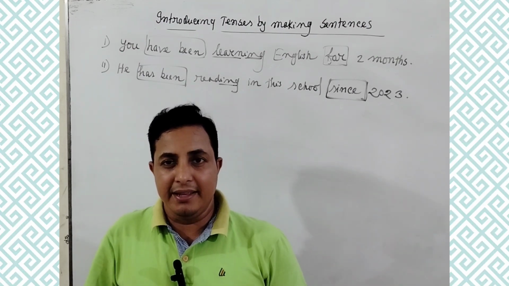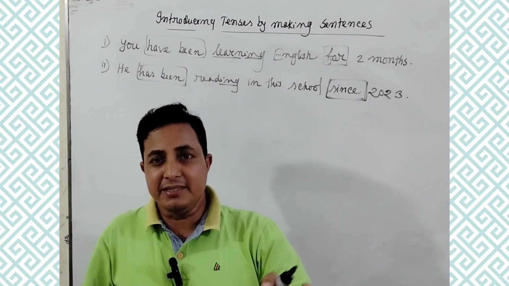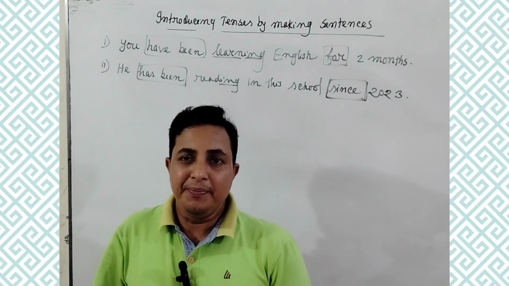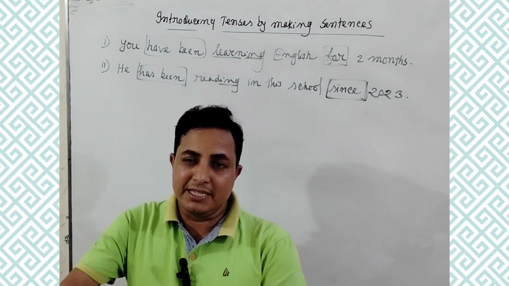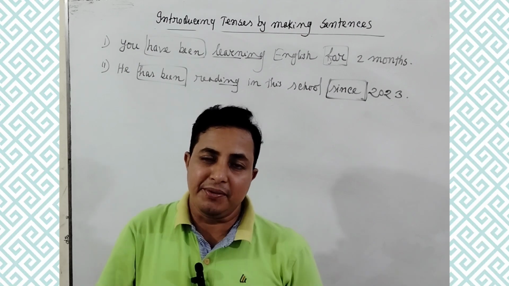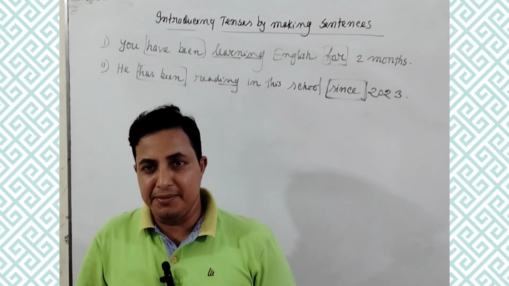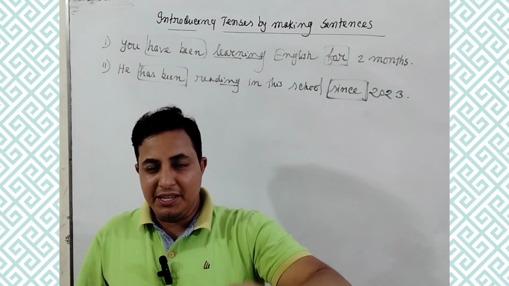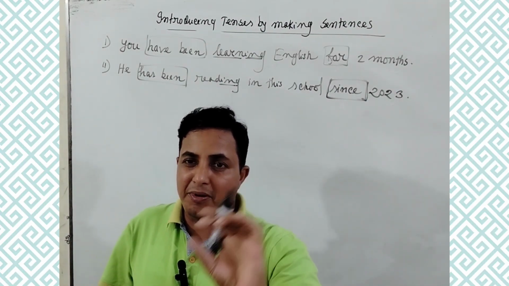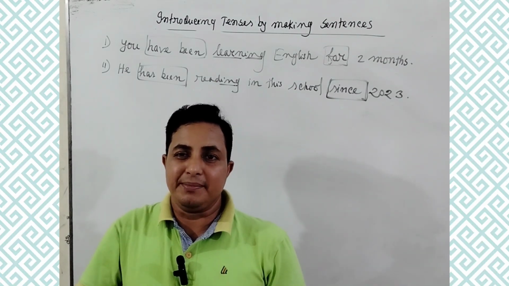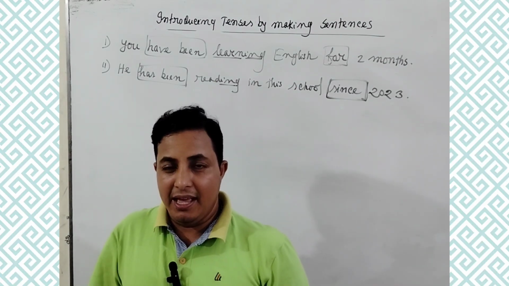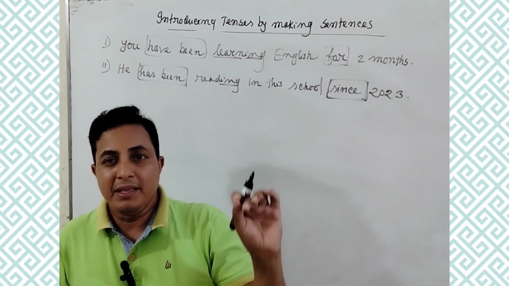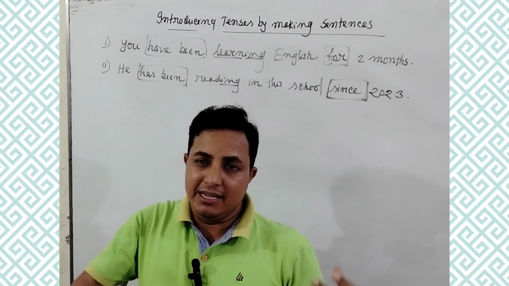And after have, has, if you don't find the past participle form, and you find a noun or adjective, it is also present indefinite, the simple present. And after am, is, are, if you see an ing form verb, you can say present continuous tense. And after the auxiliary verb have, has, if you find the past participle form of a verb, you can say it's perfect tense.